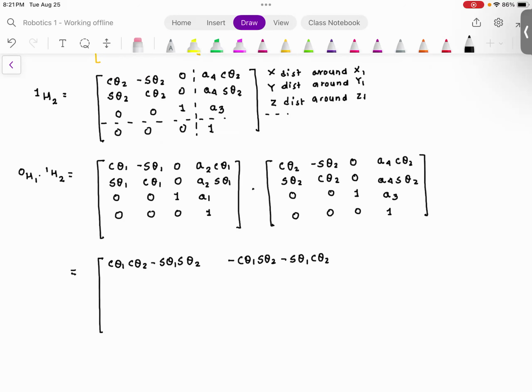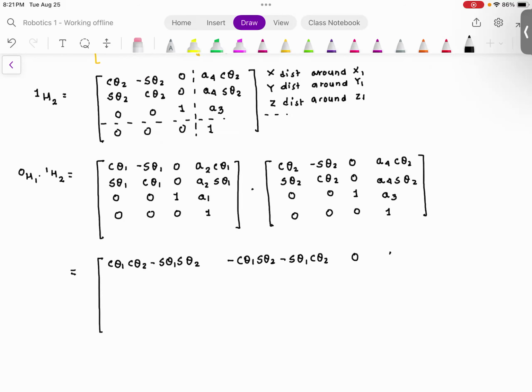First row, third column is going to be 0. Please check my calculation. First row, fourth column is going to be A4 cosine theta 2 cosine theta 1.